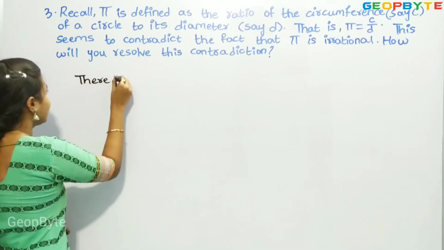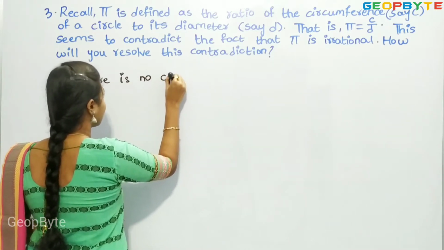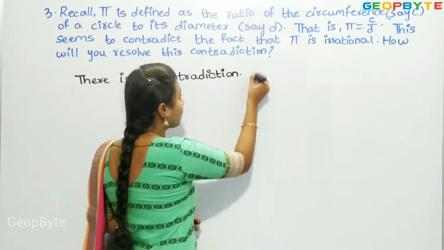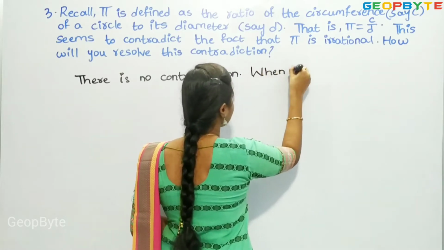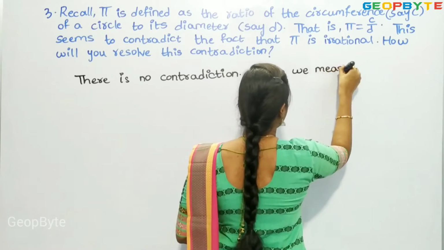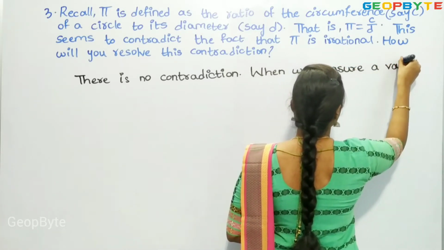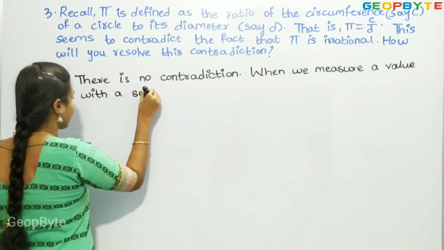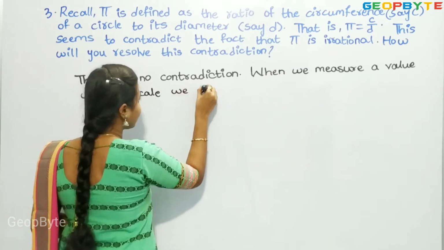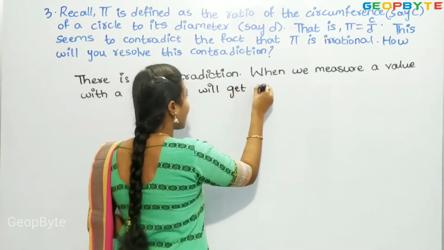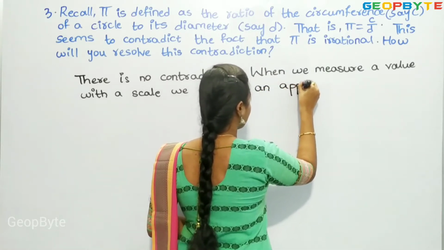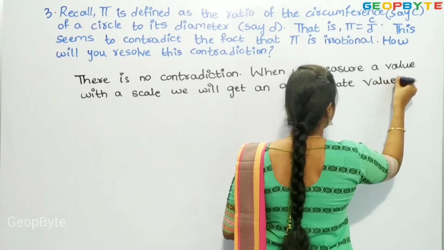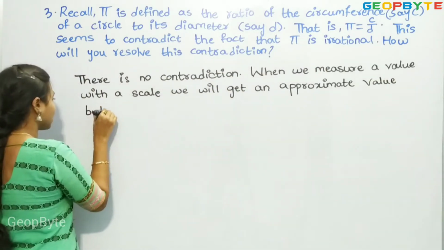Let us write. There is no contradiction. When we measure a value with a scale, we will get an approximate value, but not an exact value.